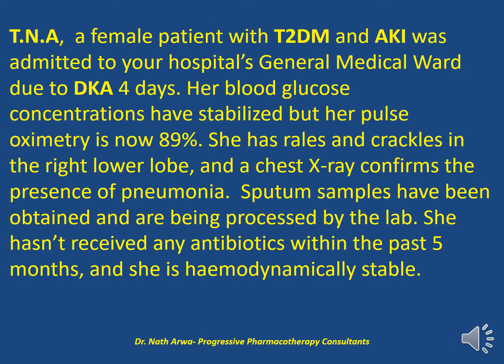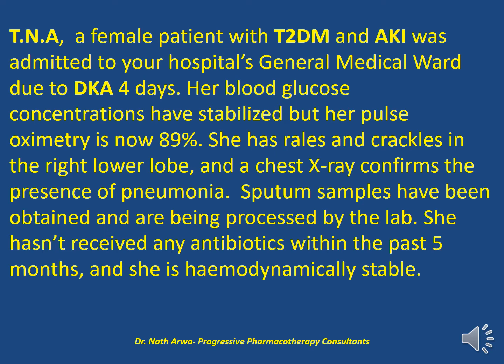TNA is a female patient with type 2 diabetes mellitus and also has an acute kidney injury, and was admitted to your hospital's general medical ward because she developed diabetic ketoacidosis. Her blood glucose concentrations have stabilized, but her pulse oximetry is still at 89.